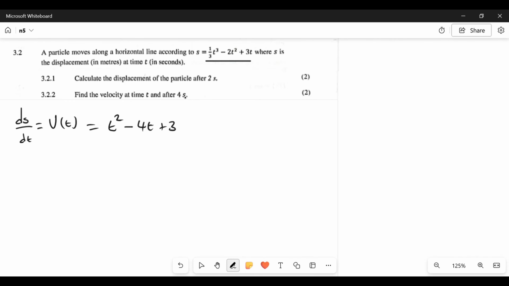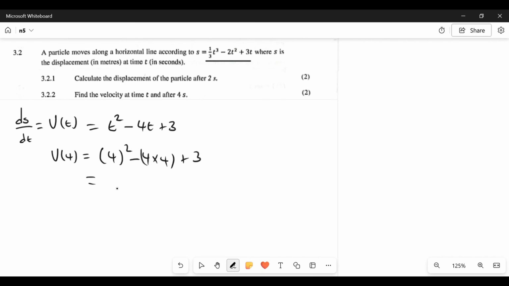Now look, you are given the seconds, which is 4. This time we substitute 4 wherever there is t. So v of 4 is 4 squared minus 4 multiplied by 4 plus 3.